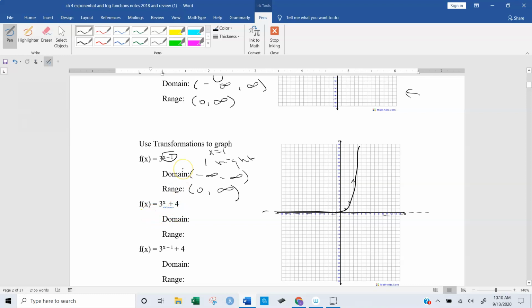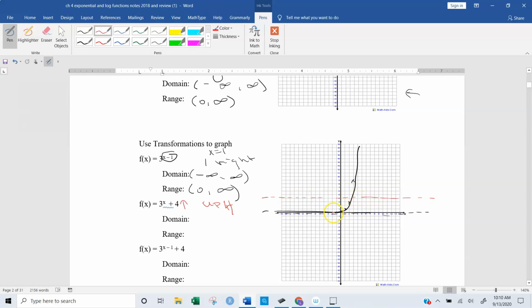Plus 4 is a little bit different. Let's change colors up here. All right, plus 4 means it moves up 4. Remember, it's not attached with the x, so we are going to move up 4. So the first thing we're going to move is our asymptote to 4. So instead of being at 0, it's going to be 4.